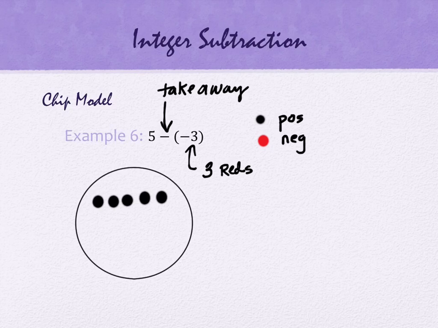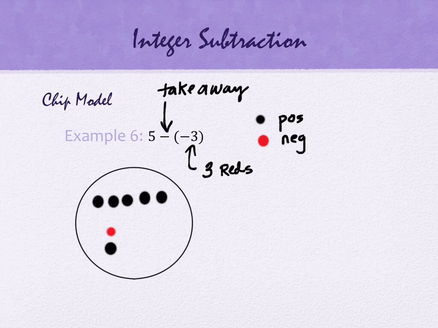I've got to put something in so that I can take it back out. So here's how I do that. I put in a red chip. But of course you can't just put in a red chip. That makes the value something different than it was before. So if I put in a red chip, what do you think I have to do to balance what I just did? I have to put in a black. I mean, the whole goal is to get 3 reds in here.